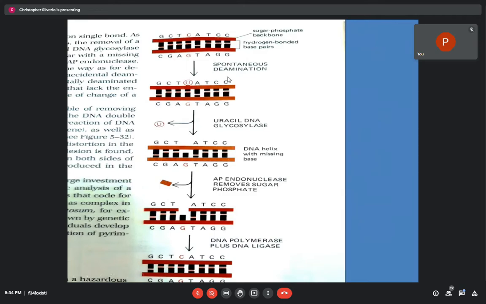Like for example, in this case, this is the normal double DNA strand.